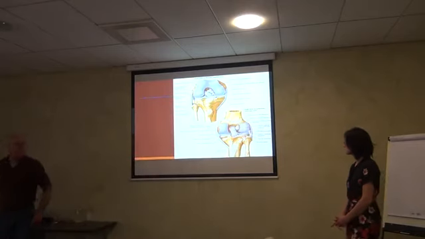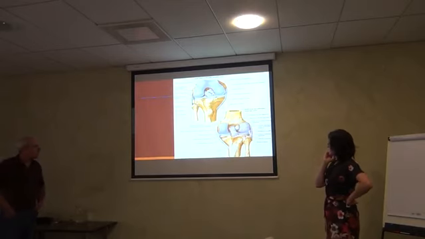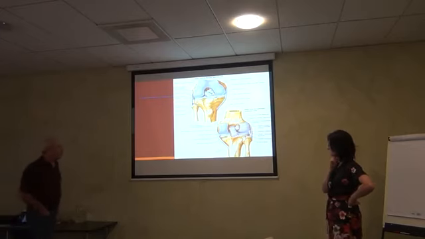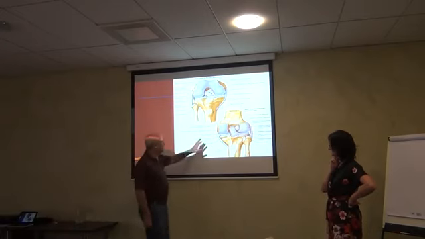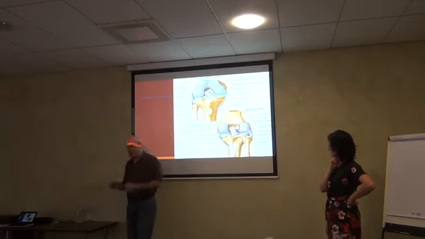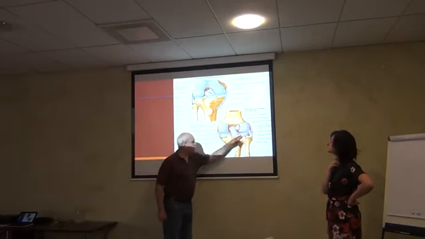Значит, хочу показать вам одну связку, которая проходит от внешней стороны внутреннего мыщелка к внешнему мыщелку. When you extend the knee and you make the ligament taut, then you will pull back the meniscus.